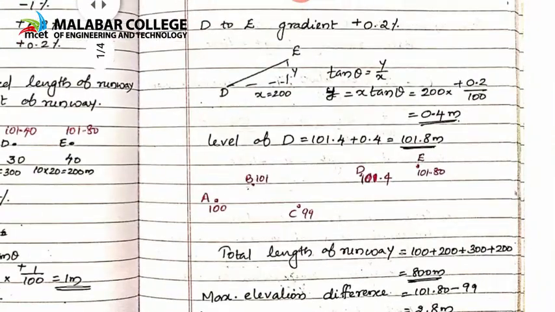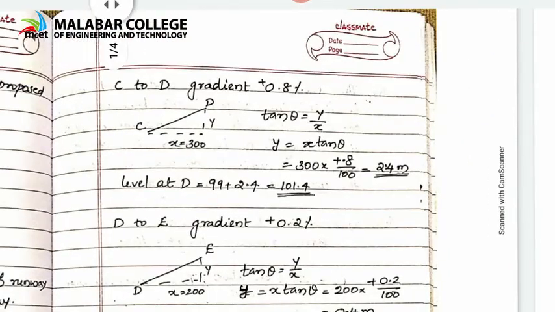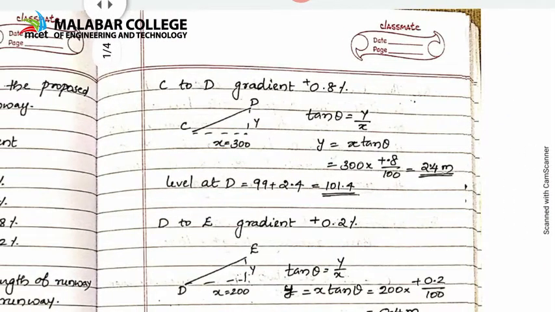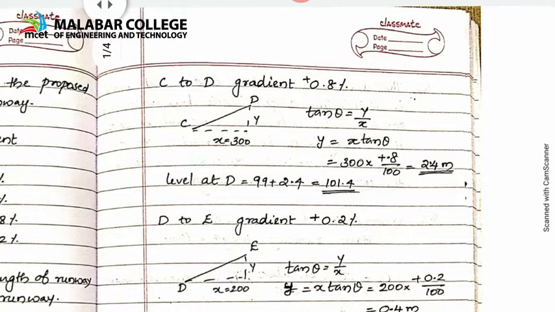Then consider the points C and D. The gradient is plus 0.8%. That is, the x distance is 300 meter and y is the vertical difference. Then tan theta is equal to y by x, y is equal to x tan theta.